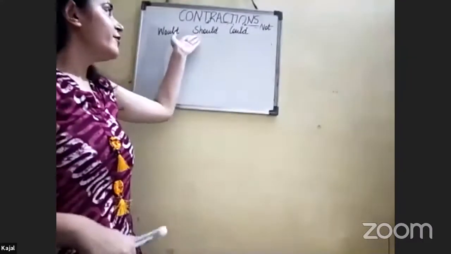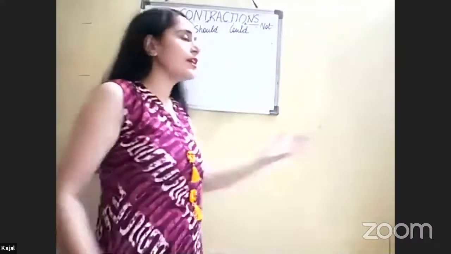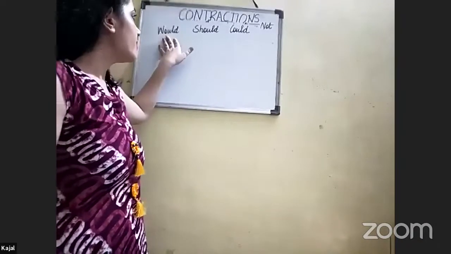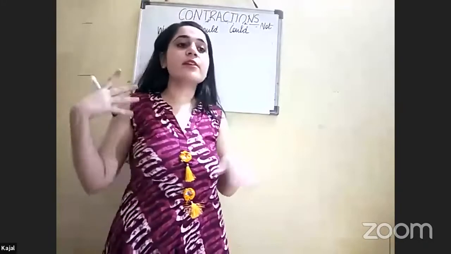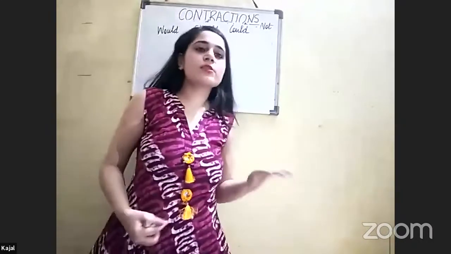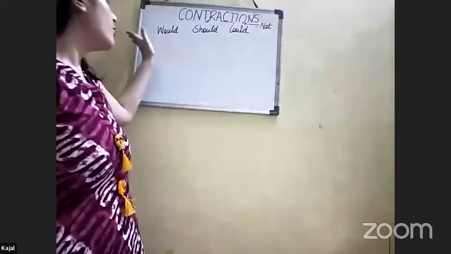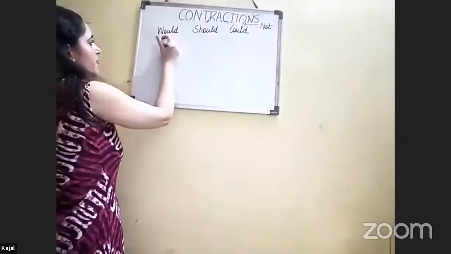Same is should. When we talk of something that could have been done by someone, there we use should. And would is used when the situation is in the imagining part. When someone is imagining something in his mind, then we use would. Okay. So for all the three we have contractions.